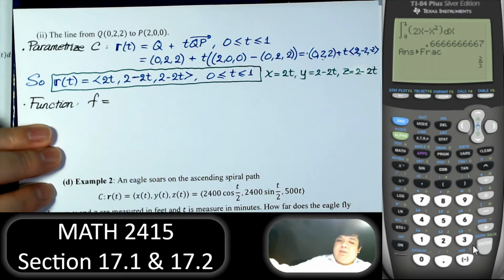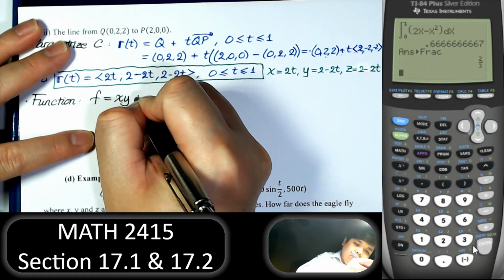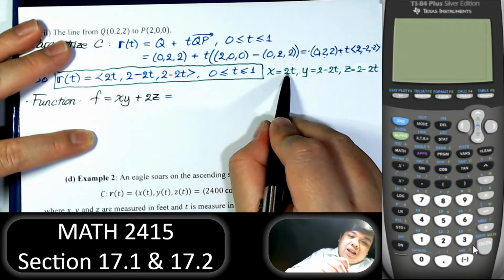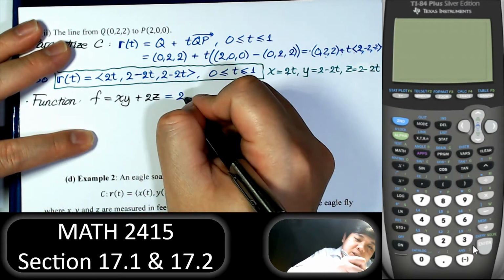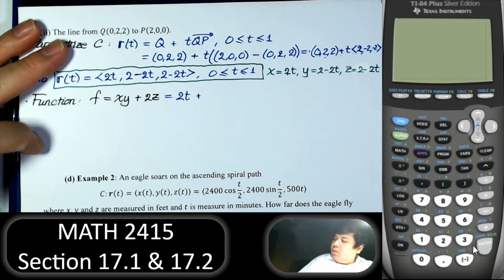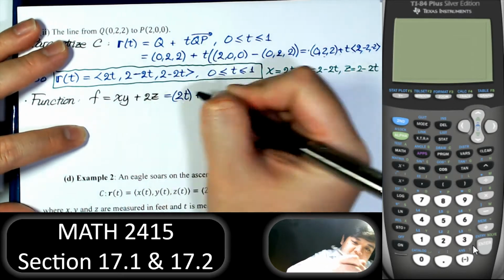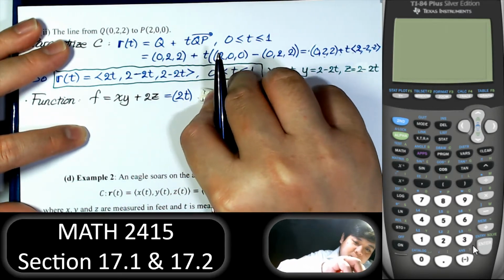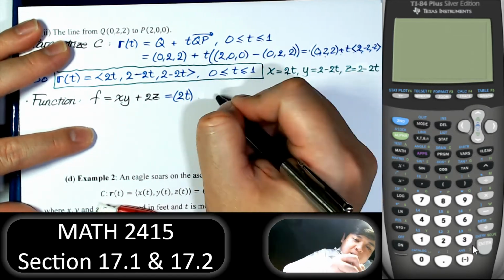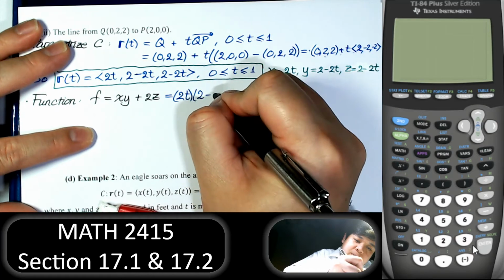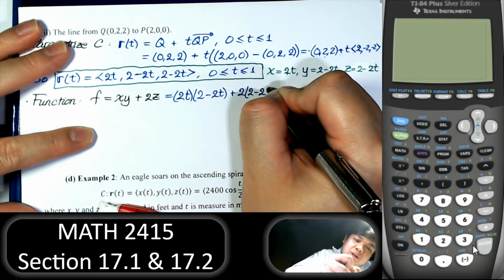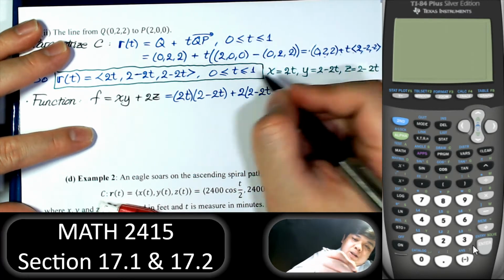That is the function. x times y, plus 2 times z.